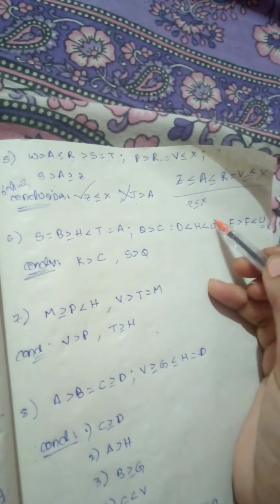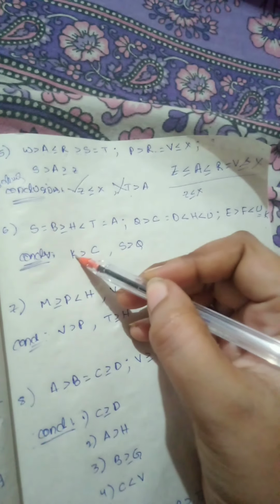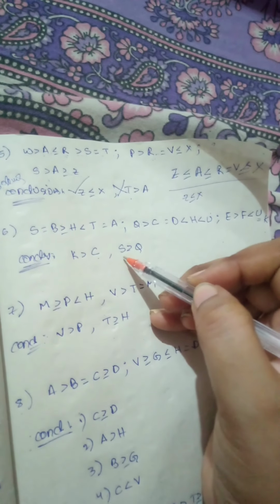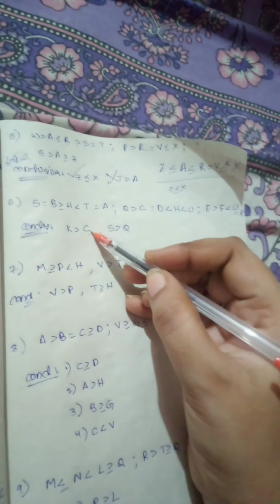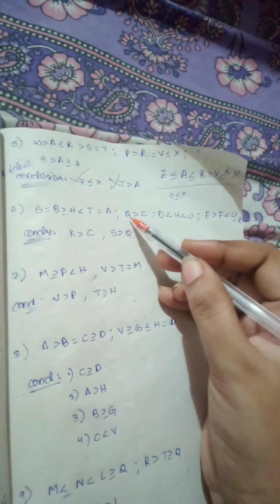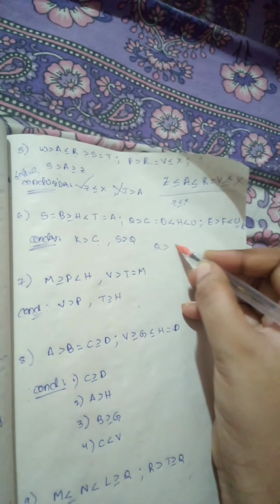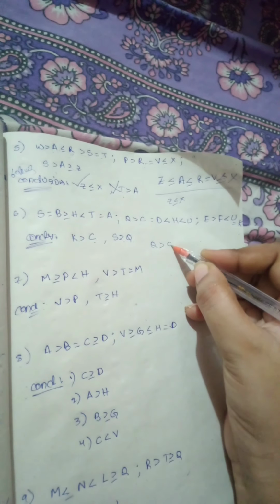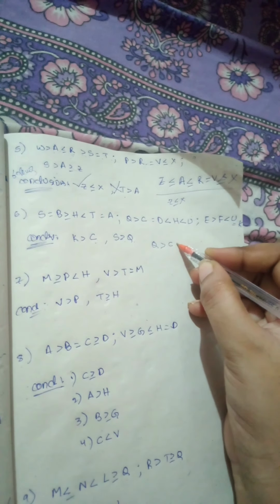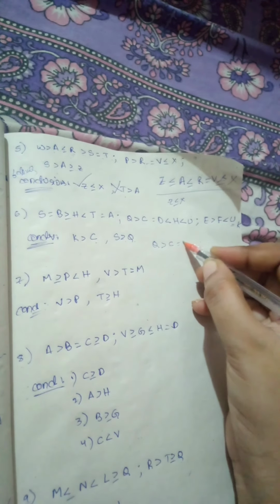Given three expressions. The first conclusion is k greater than c, and next one is s greater than q. So first conclusion is k greater than c. From the second expression, q is greater than c and c is equal to d.